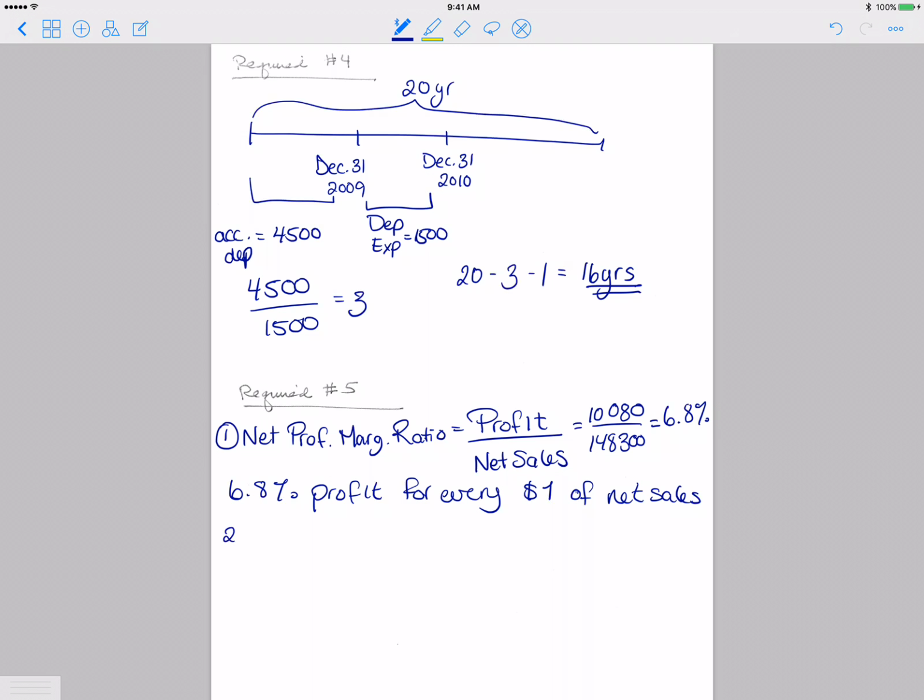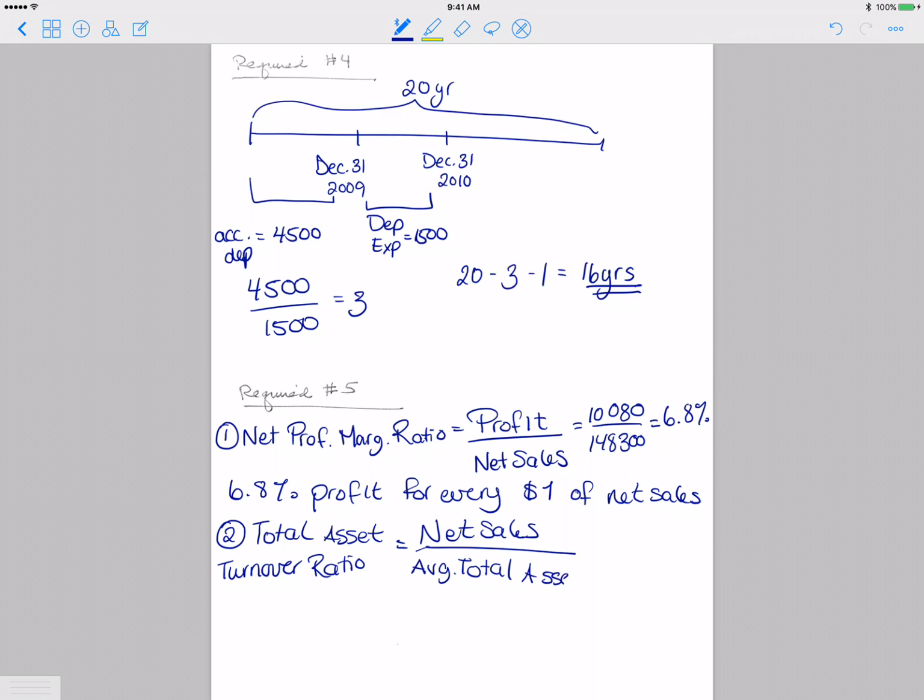And now number 2 would be the total asset turnover ratio, which is equal to our net sales divided by our average total assets. Our average total assets over the last 2 years, which we were given at the end of the problem on the bottom of the page. So we already know our net sales.